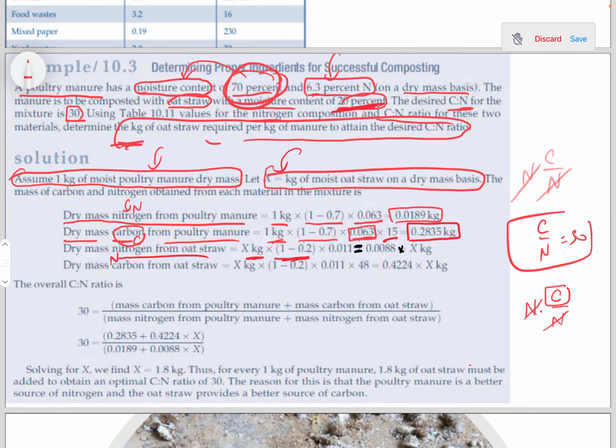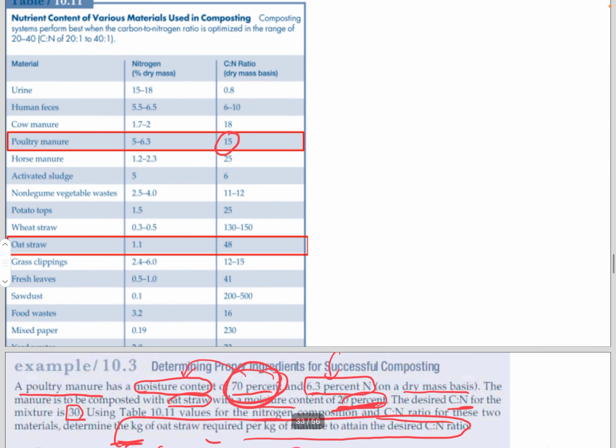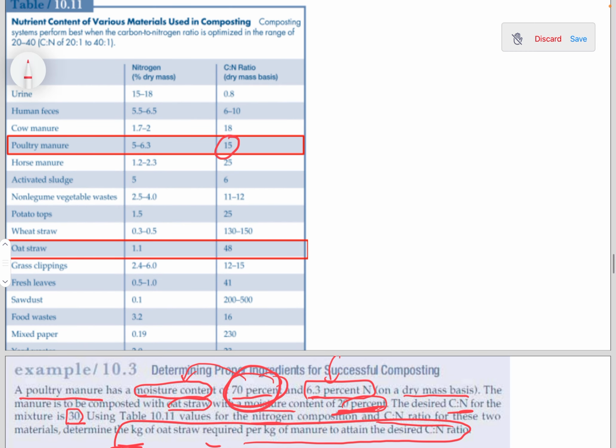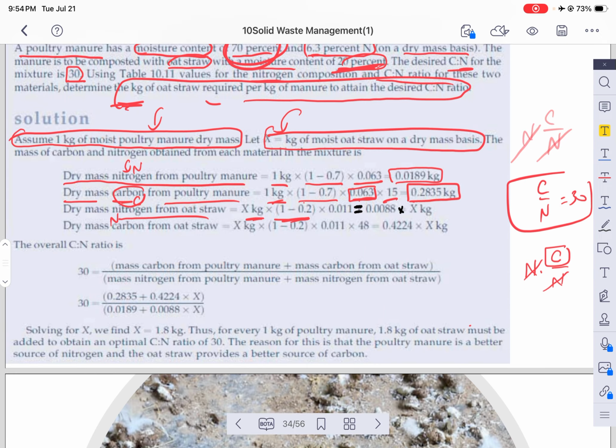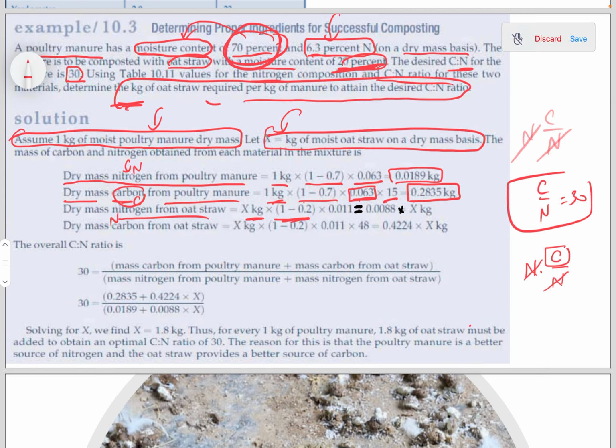He did not give us the nitrogen for oat straw, so I'll take it from the table. Nitrogen is 1.1 and C over N is 48. So multiply by 1.1%, and this would give you 0.0088 times X kilogram. That is the dry mass nitrogen from oat straw.